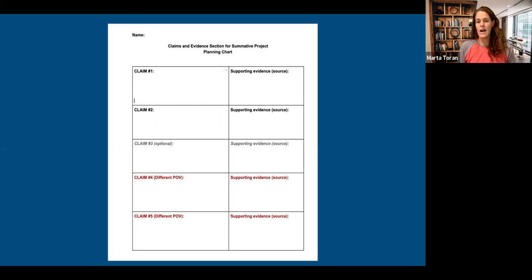The supporting evidence I find for that might be a legitimate study from a reputable journal, or it might be that I can't find any reputable journals that say that GMO foods are bad for you, but I have found a bunch of blogs that talk about how dangerous they are. But I know looking at these blogs that they're very biased and they do not have scientific backing to them.